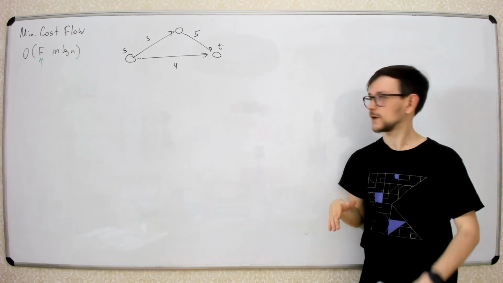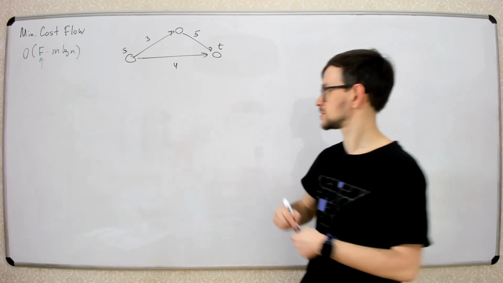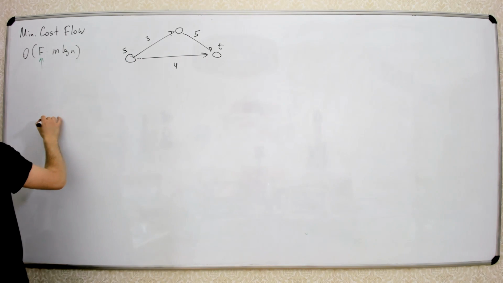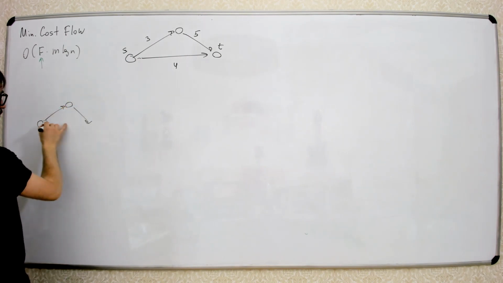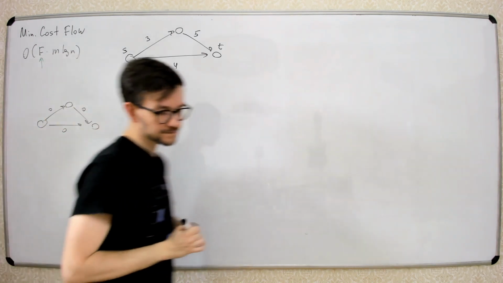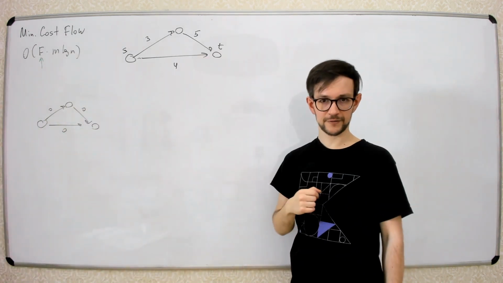What I want to do is build this graph from a graph with 0 capacities. I want to start from a graph with 0 capacities and then eventually go to this graph.